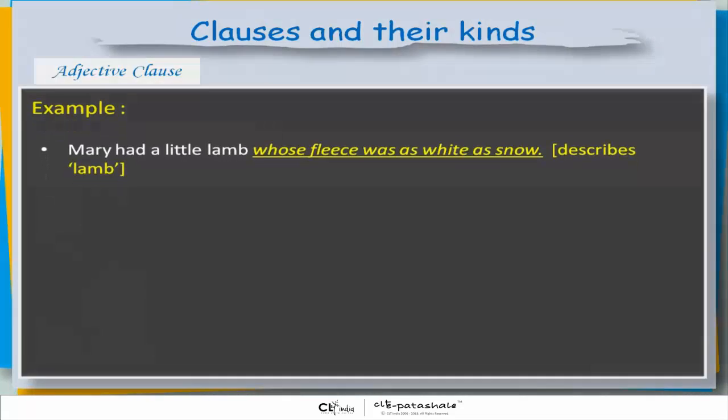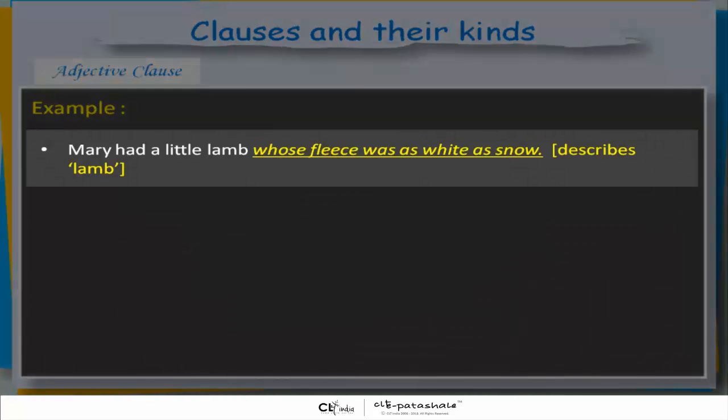Let's see some examples. Mary had a little lamb whose fleece was as white as snow. Now, the adjective clause, whose fleece was as white as snow, describes the lamb, which is the noun in this sentence.